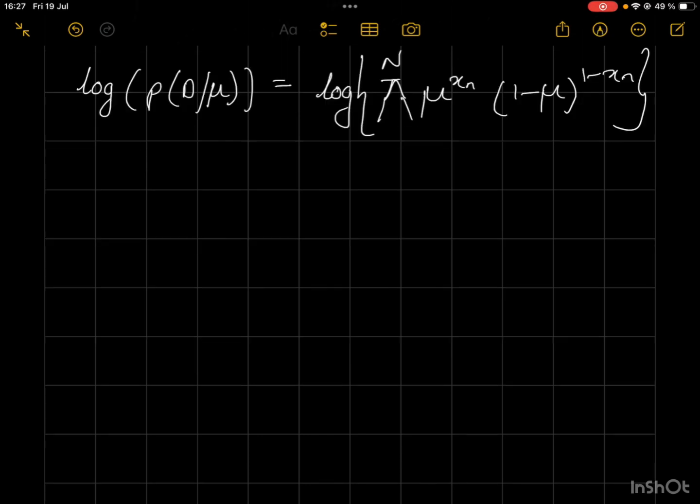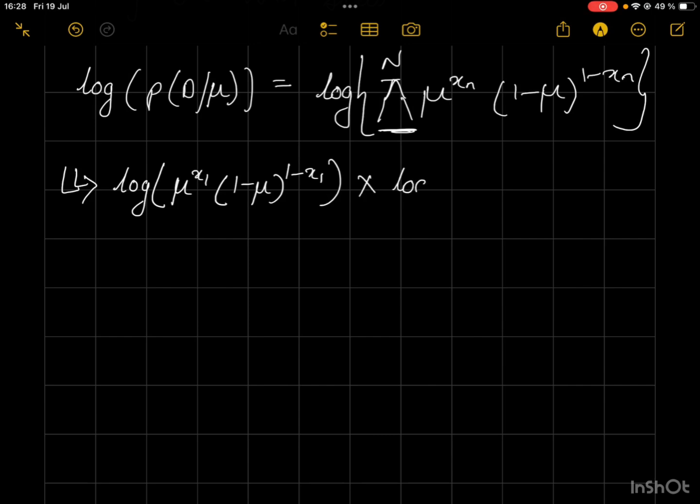Now if we expand the multiplication term for a second, this is simply going to be log of mu to the x of 1 into 1 minus mu to the 1 minus x of 1, plus log of mu to the x of 2 into 1 minus mu to the 1 minus x of 2, and so on and so forth.